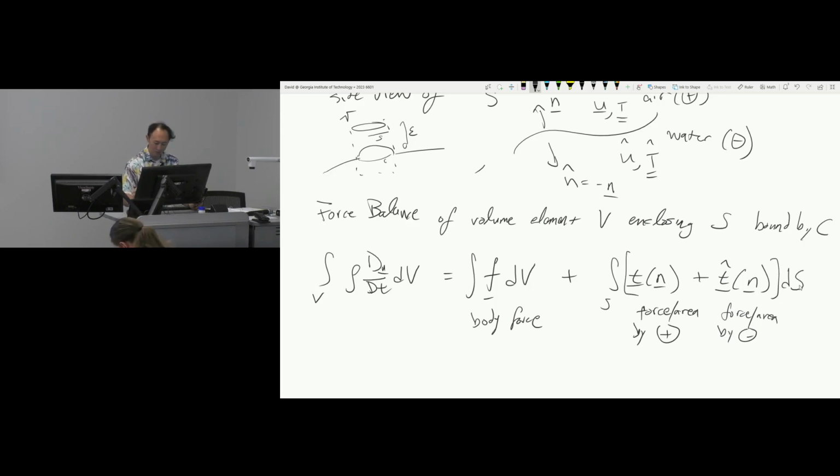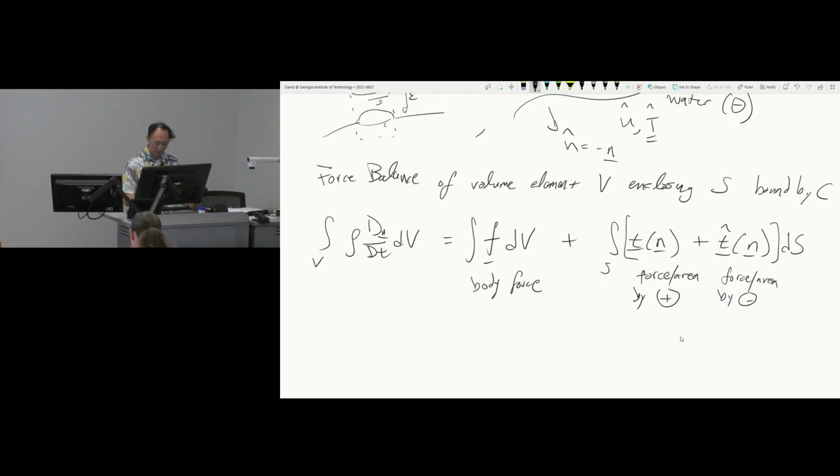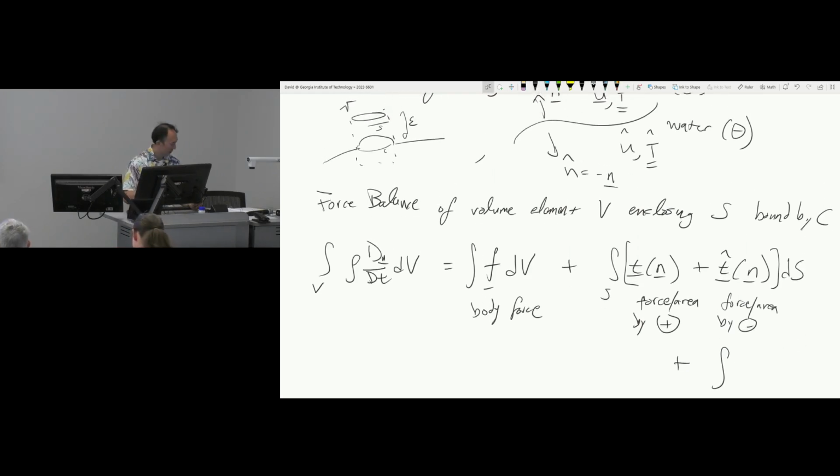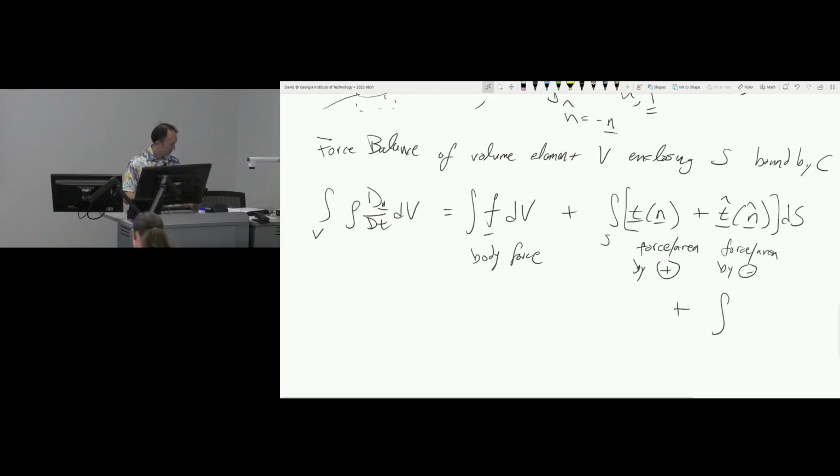So this surface stress multiplied by the area. And then we have one more. That needs to be n hat, yeah, you're right. Thanks. Sigma lambda dO. This is the surface tension force.